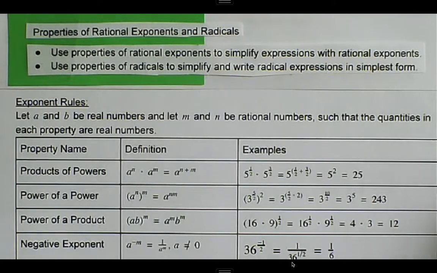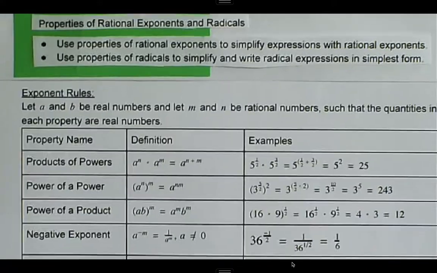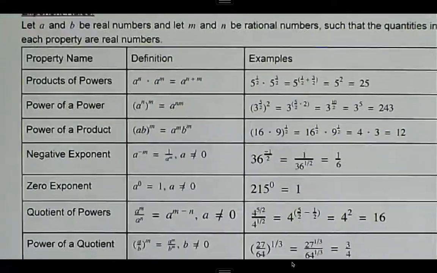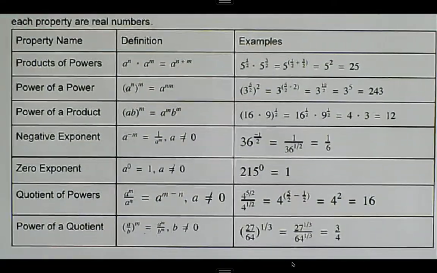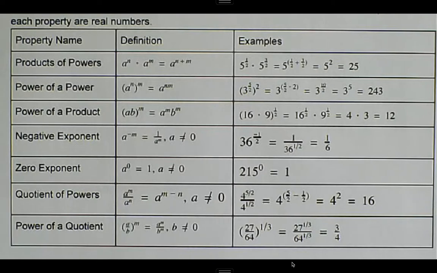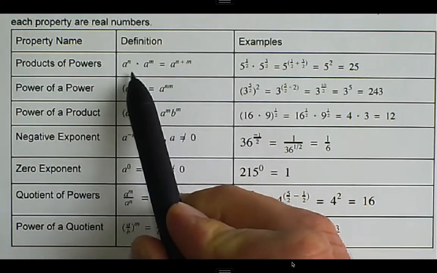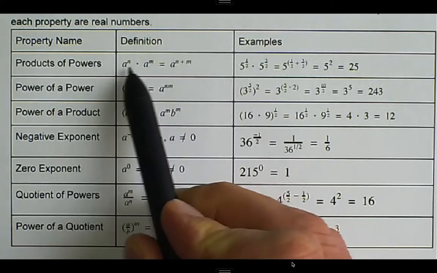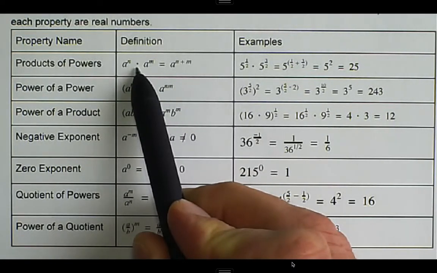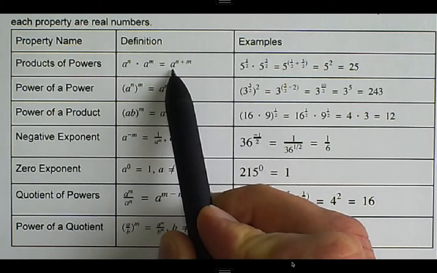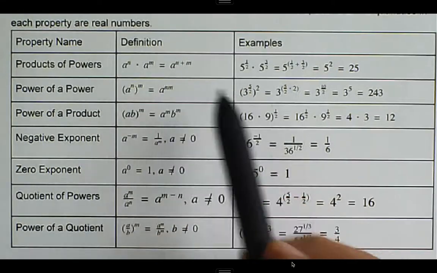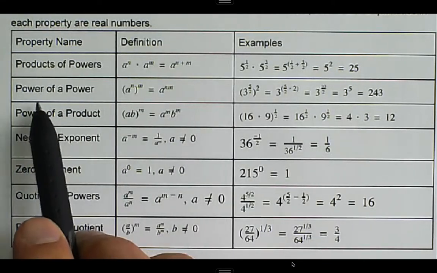And then here are some definitions that we can work with. These are going to be review for a lot of us. So the first one, product of powers. If we have the same base, in this case our base is A, and they're raised to two separate exponents joined by multiplication, we can add the exponents, and there's the example over there.